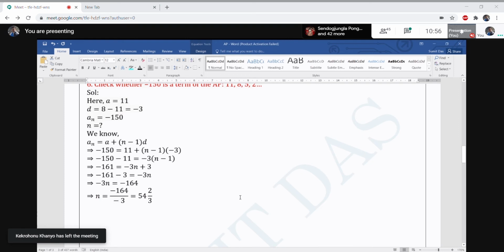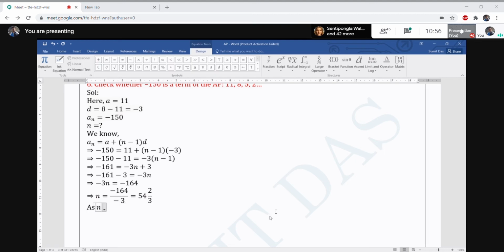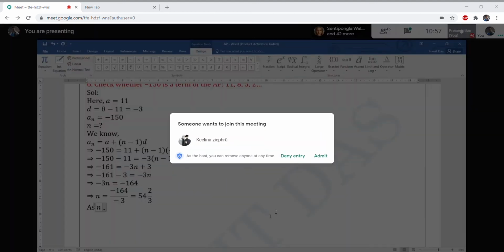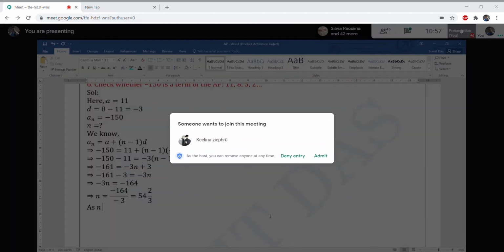So we'll write n, and in brackets you can write, this is for your help only, number of terms cannot be in fraction.